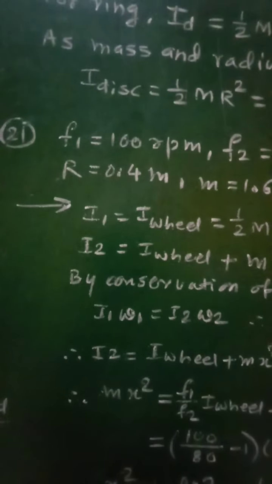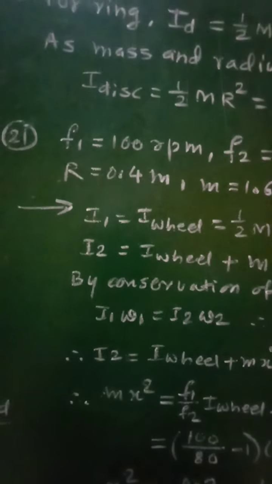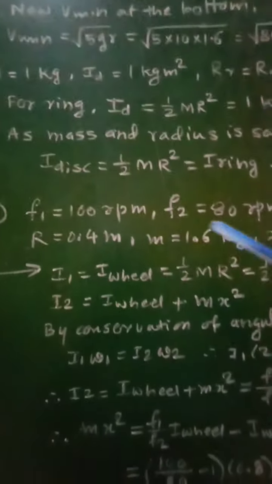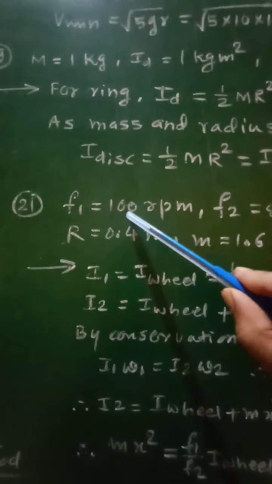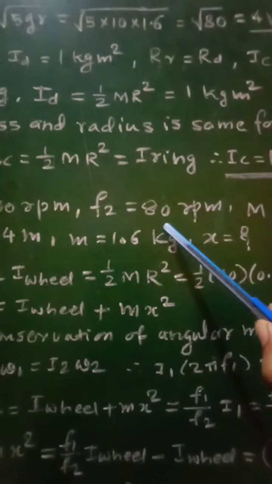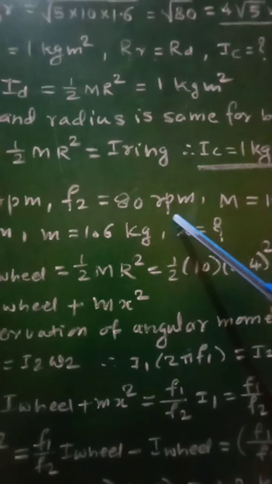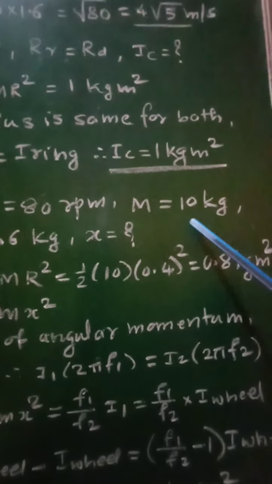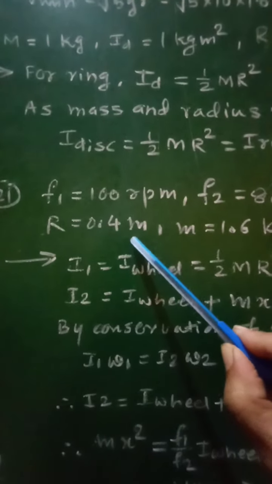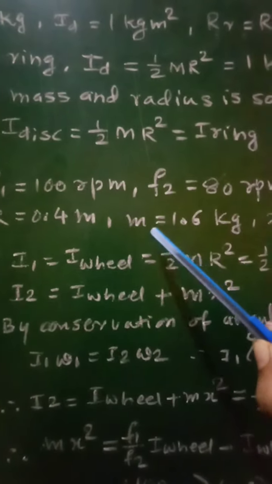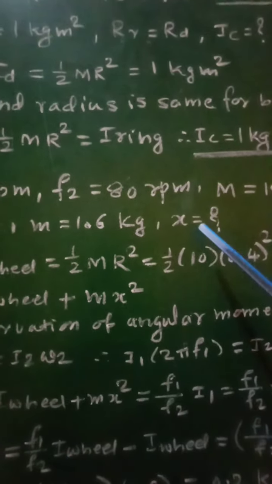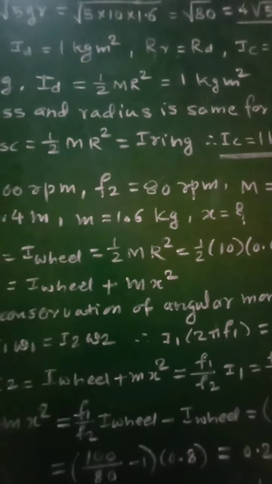We have to calculate that distance x, and for this numerical the given data is f1, that is first frequency, f1 equal to 100 rpm, f2 is equal to 80 rpm, mass m is equal to 10 kg, r is equal to 0.4 meter, and mass of the lump of clay m is equal to 1.6 kg, and we have to find the value of x.